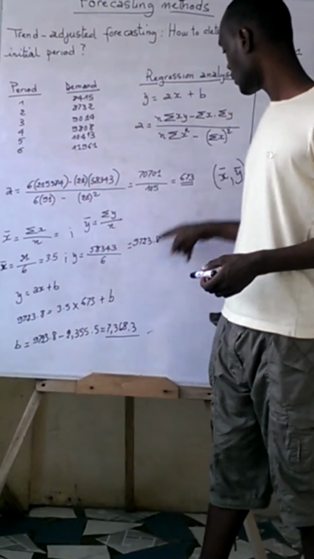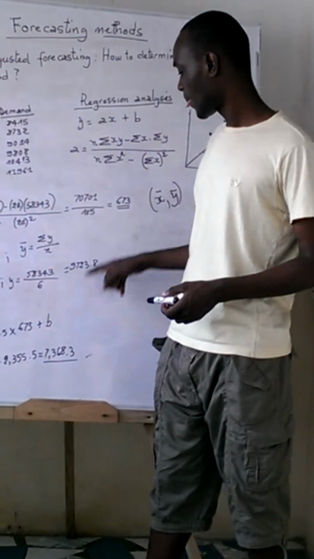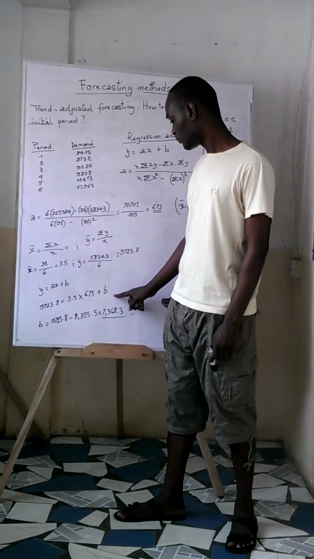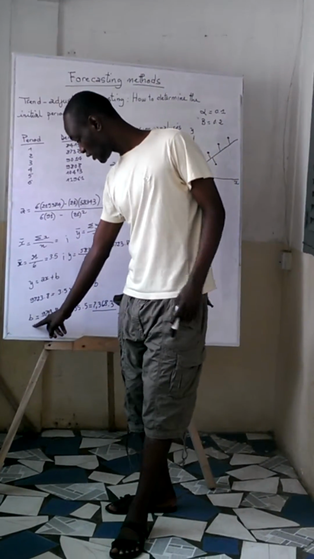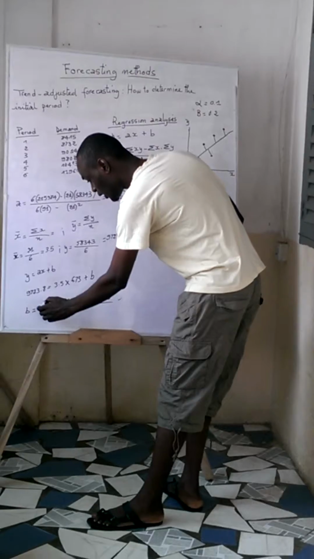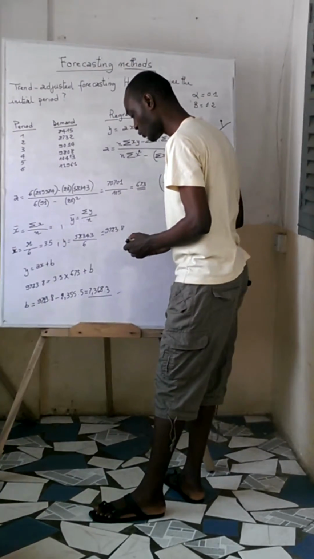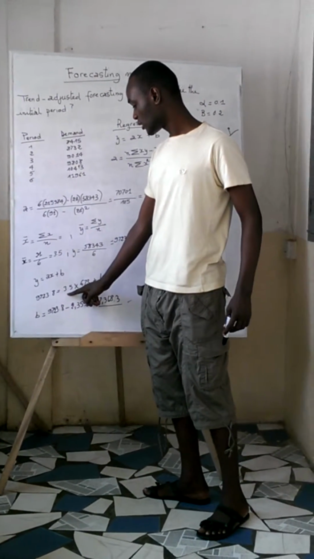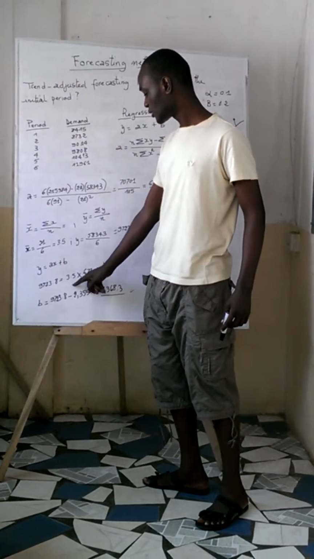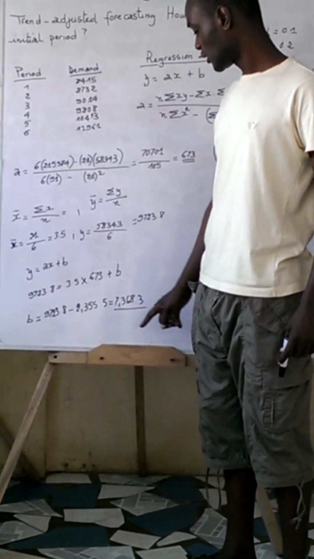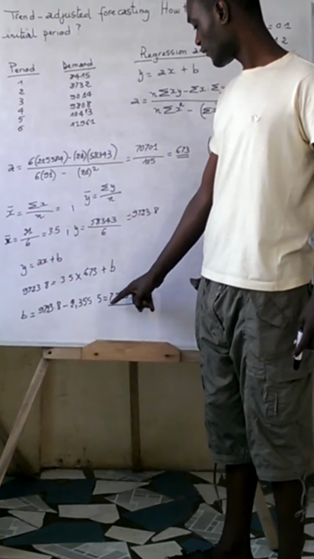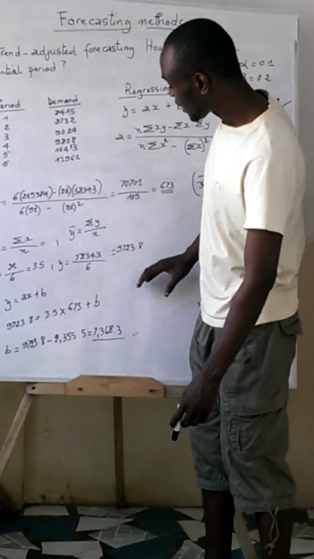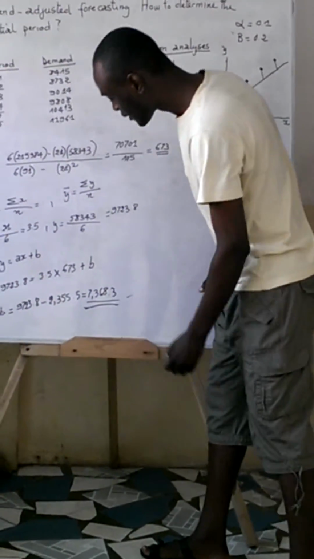So this is our X that we already calculated here, plus B. And then we need to derive B in order to find the value of B. If we derive B, as you can see here, we have B is equal to 9,723.8 minus the gradient times X bar. And this is equal to 7,368.3. This figure right here represents our trend.